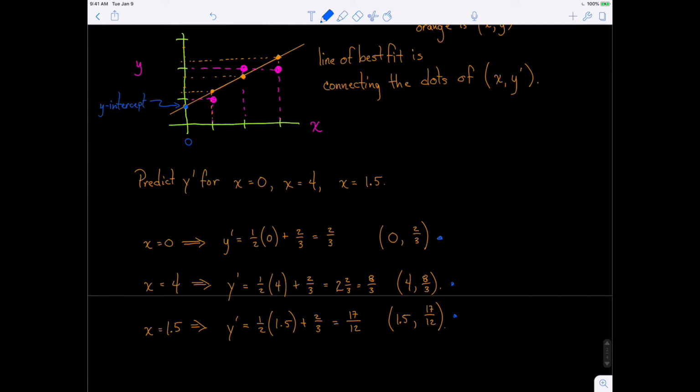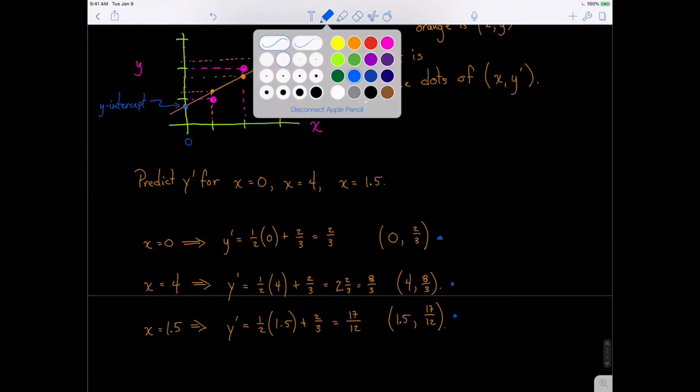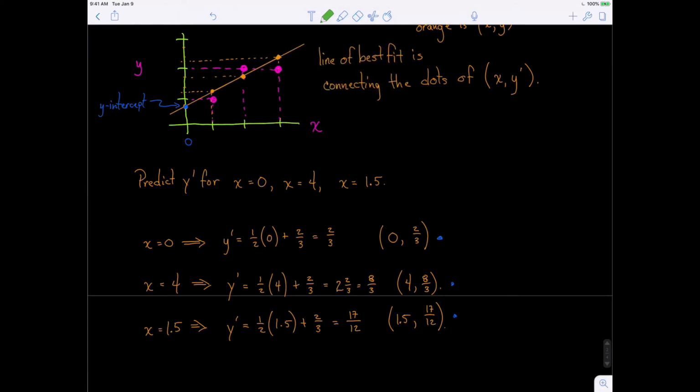Okay. Now, our next one was 4. Whoa, I don't even have a 4 on my graph, so I'm going to have to make my graph a little bigger. 1, 2, 3, 4 is probably about there. So now, when I'm at 4, I have to come all the way up here.